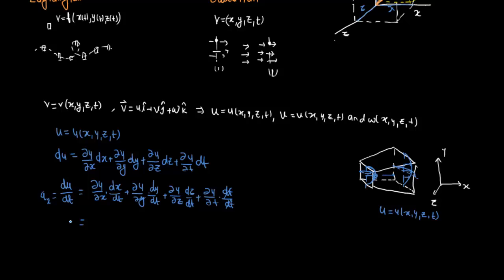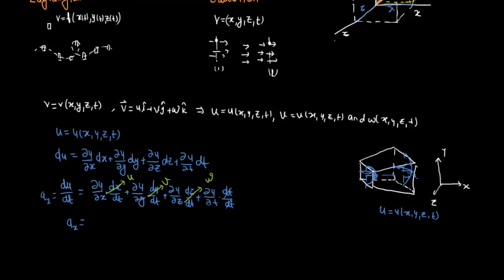Now we can write this as ax. So ax equals, now here dx is changing with respect to time. We are defining the x coordinate, so dx by dt is representing the velocity in x direction, that is nothing but simply u here. Similarly dy by dt is representing v and dz by dt is representing w here.